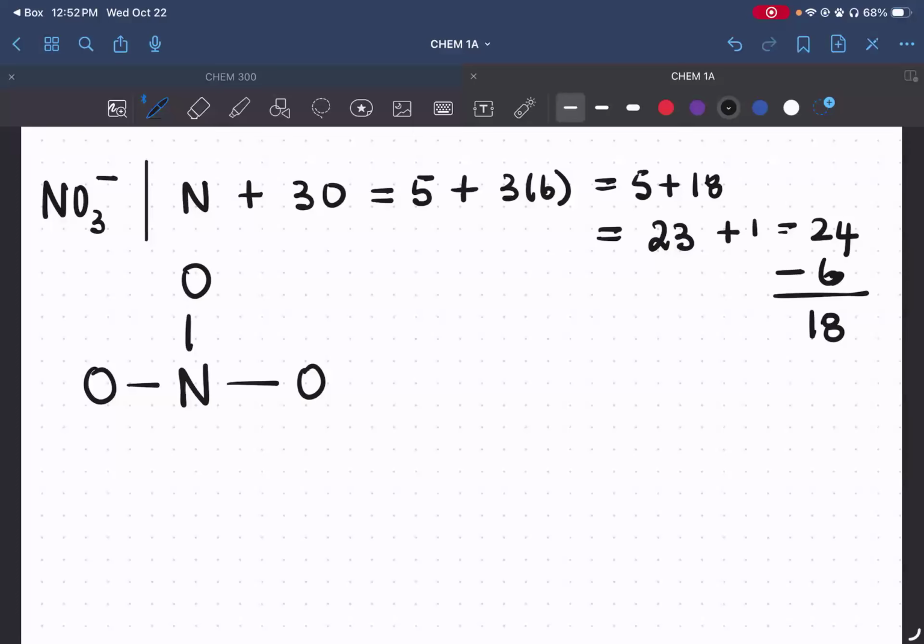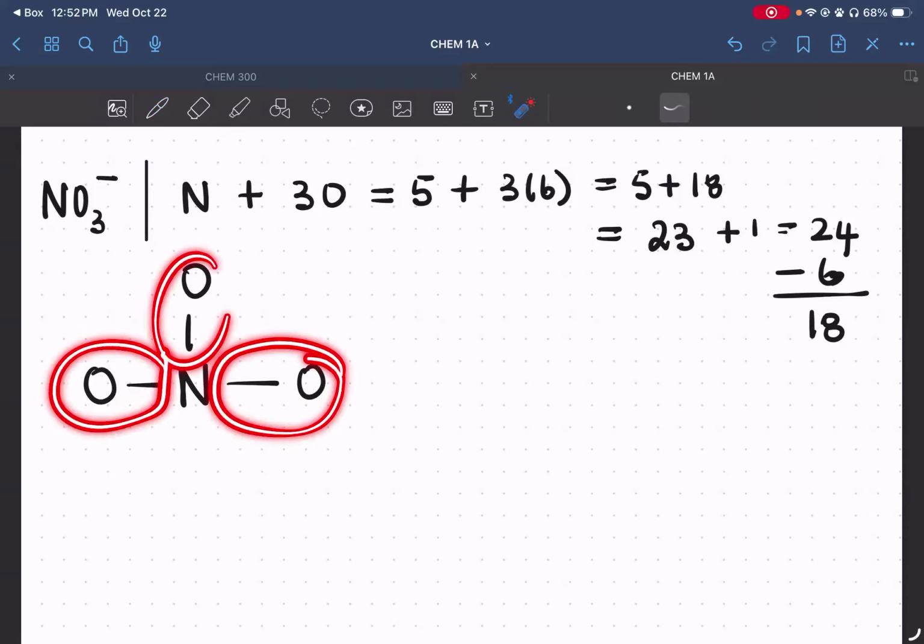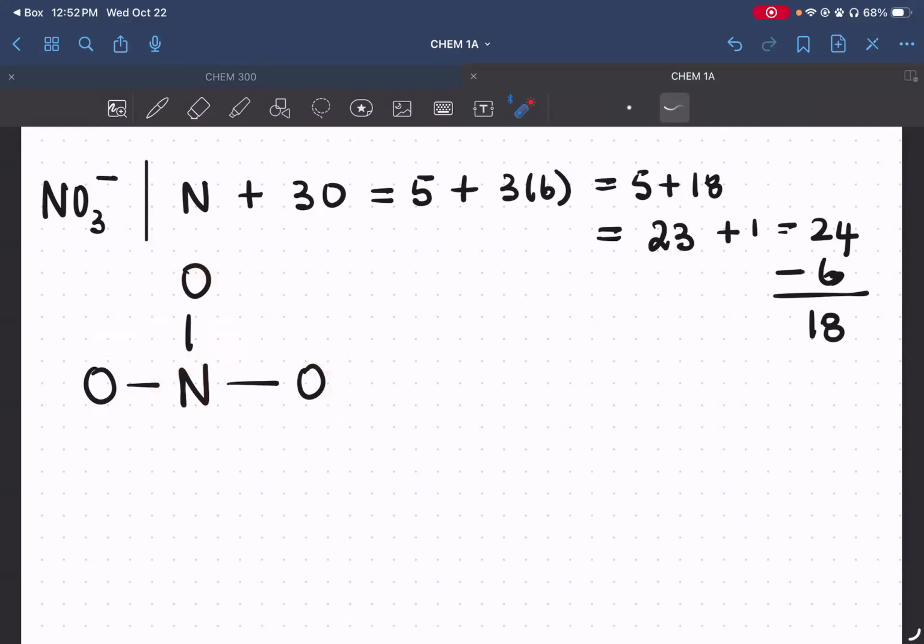Now we are going to distribute our remaining electrons working from the outside in, starting with the oxygens. Oxygen, right now, currently has access to 2 electrons. Now, oxygen is not close to helium. It's close to the other noble gas, so we're actually looking for a total of 8. So we're going to add 1, 2, 3, 4, 5, 6 electrons.